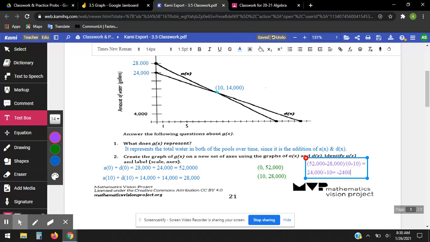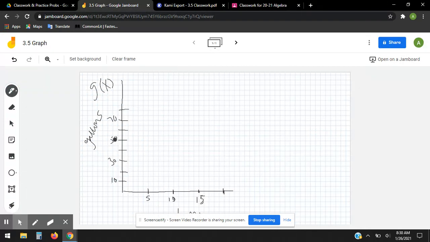So given all this information, I'm going to go over to a graph, and I'm going to first start by plotting these two points, 0, 52,000, and 10, 28,000. I've already got my graph set up here: 10, 20, 30, 40, 50, here's 60. So 52 is going to be right in here somewhere, below 55.